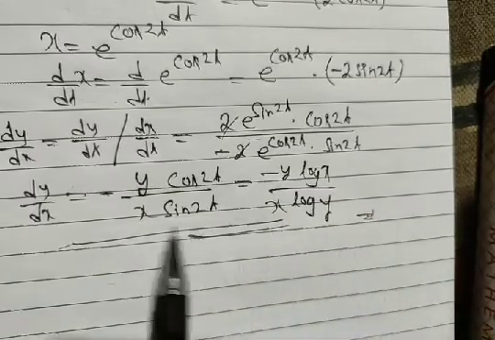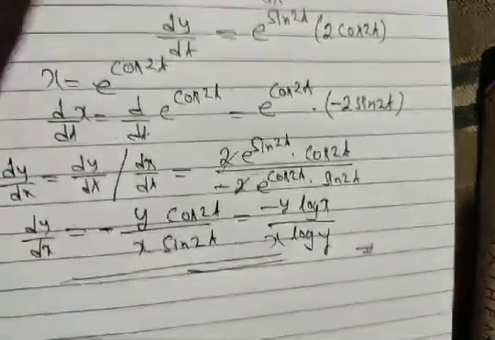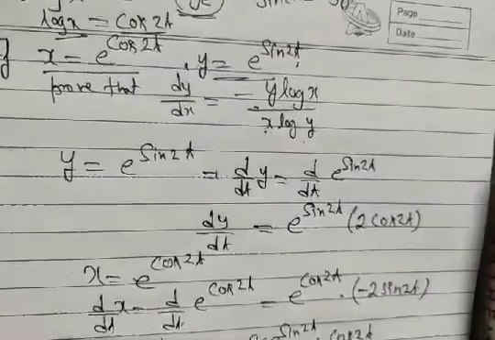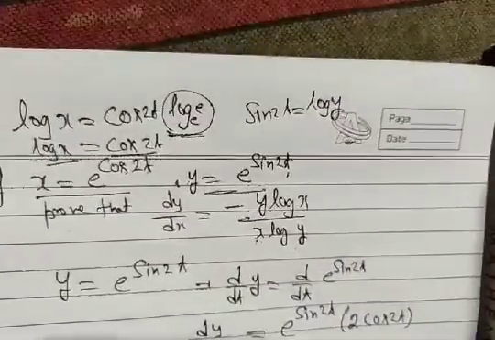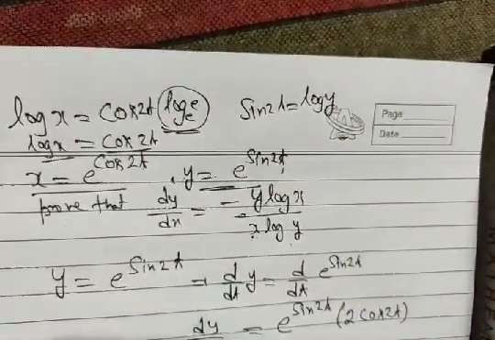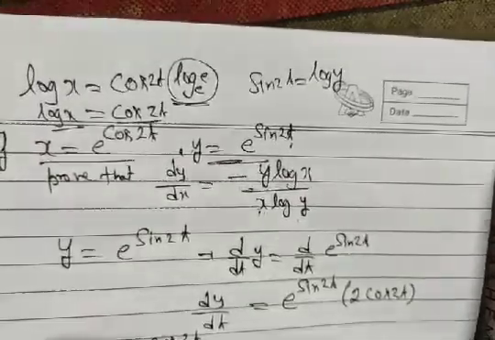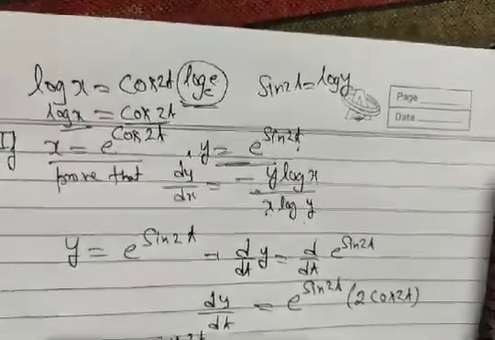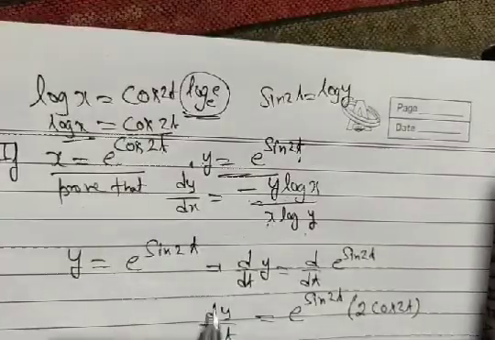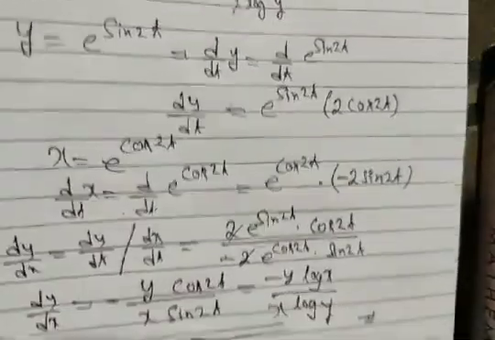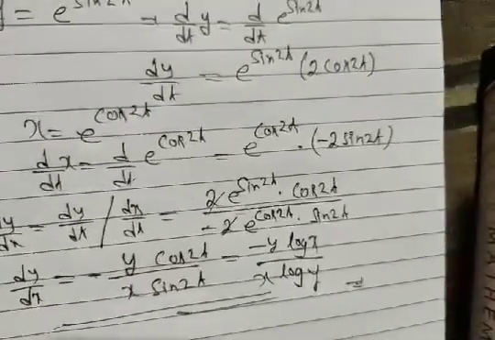What we had to show is that if x equals e to power cos 2t and y equals e to power sin 2t, then dy/dx equals minus y log x upon x log y. We find dy/dt and then dx/dt, and taking the ratio we get our required result, minus y log x upon x log y.